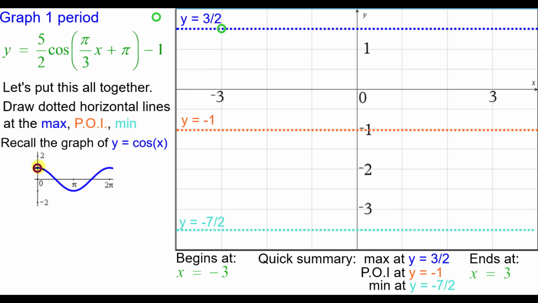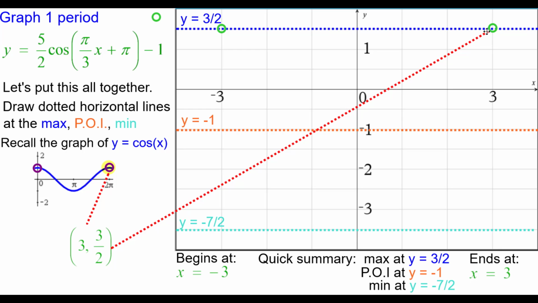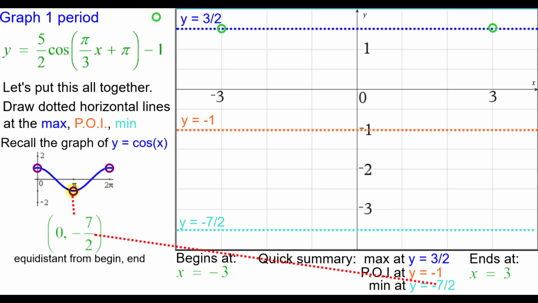At the end of the period, normally at 2 pi, 0, for us the end of the period is at +3 and back up to the maximum of 3/2. So we'll plot that right here. Halfway between those 2 points is a minimum, normally at pi, -1. For our purposes, it's going to be at 0 is halfway between, and the minimum is at -7/2. So let's go ahead and plot 0, -7/2 right here.